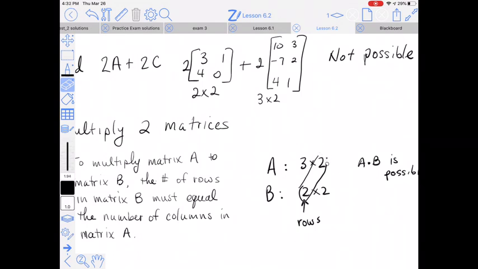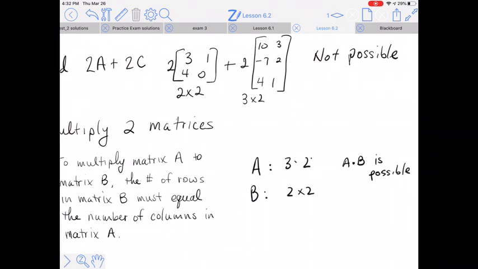A times B is possible, but let's take a look at B times A. And here's maybe an easier way to lay this out, to think about it. I've seen a lot of students do this. A times B, and then lay it out this way: a 3 by 2 and then a 2 by 2.